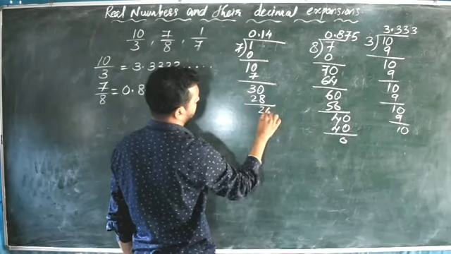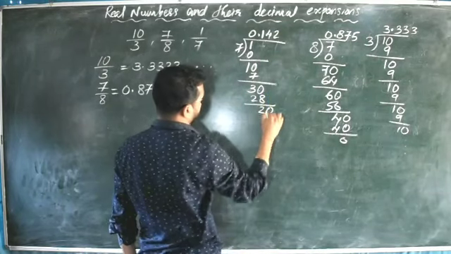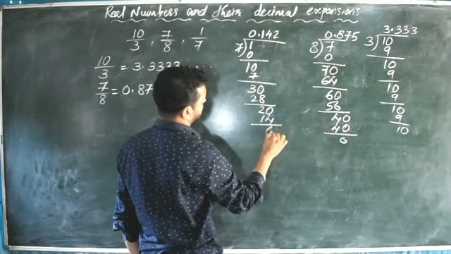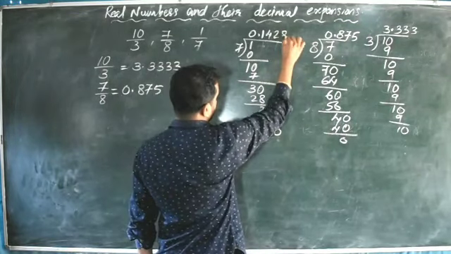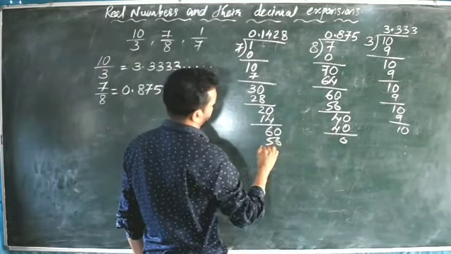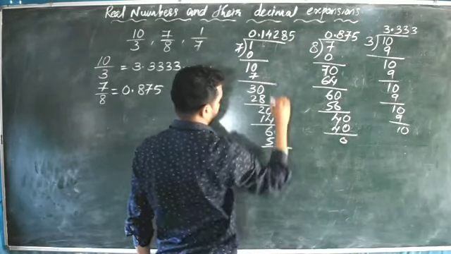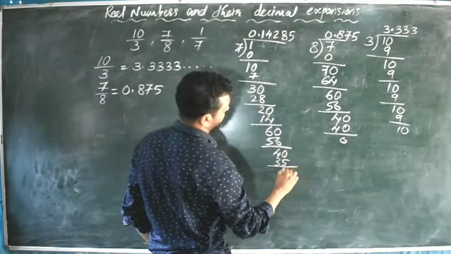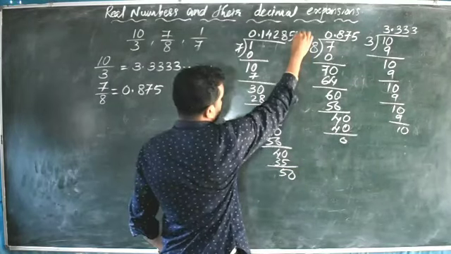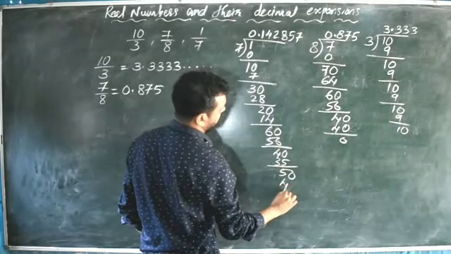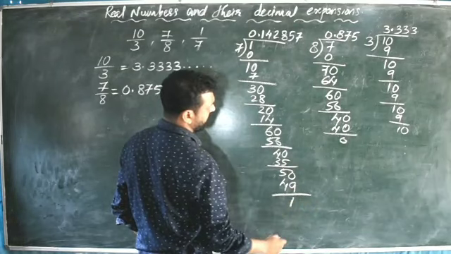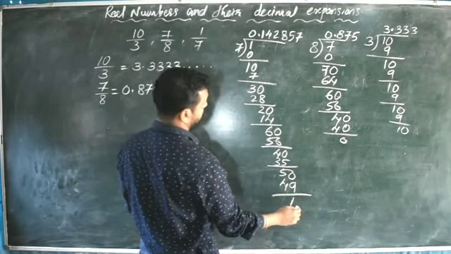Remainder 2. 0. 7 twos are 14. Remainder 6. 0. 7 eights are 56. Remainder 4. 0. 7 fives are 35. Remainder 5. 0. 7 sevens are 49. Remainder 1. Again 0. Remainder 1.